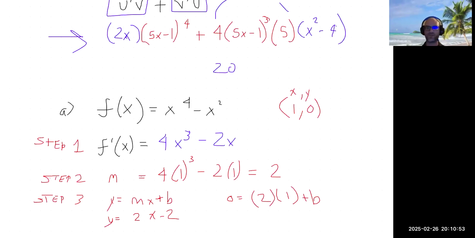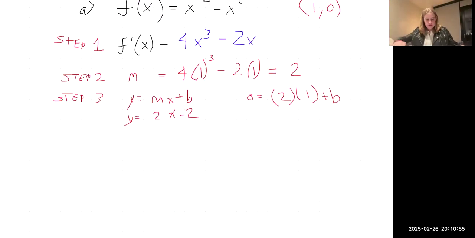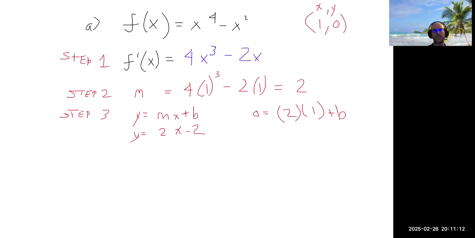And so when it comes to critical points, that's just one extra step. As long as we're on this problem, let's do 7A as well, because there's only one little extra thing we've got to do. And that is to take the derivative and set it equal to 0. Instead of substituting points into it, we're going to take this derivative that was 4x cubed minus 2x, and set that equal to 0 and solve.